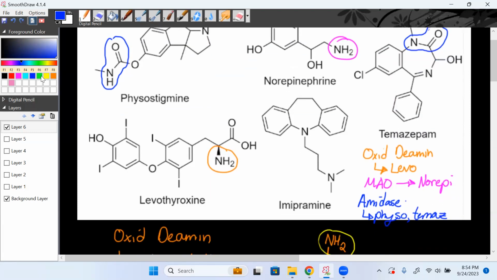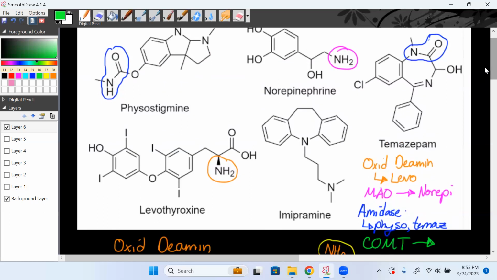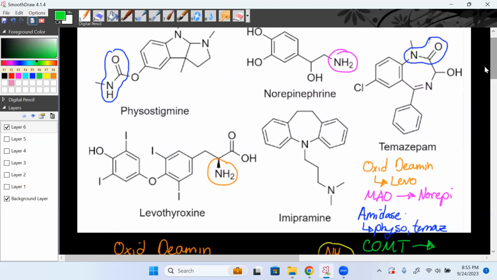All right, a couple more. Which drugs would undergo COMT, catechol O-methyltransferase? Yeah, norepi.